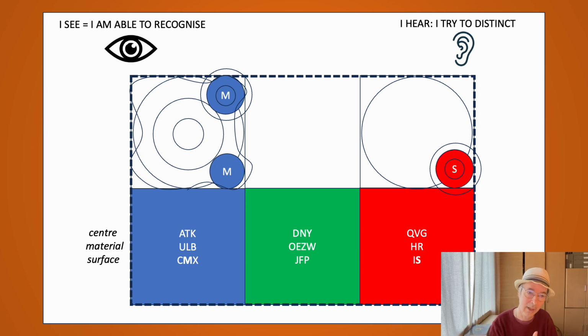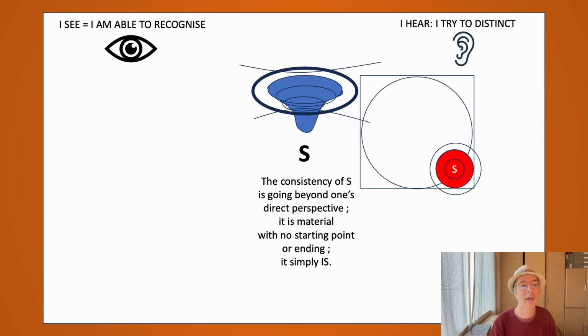If you compare it to the same position in space, you have this water which is trying to find the edges of its surface. S is beyond these edges. You can also sense that at the end, but it is going beyond it. So it is also about sensing material, but where there's no beginning and no end.